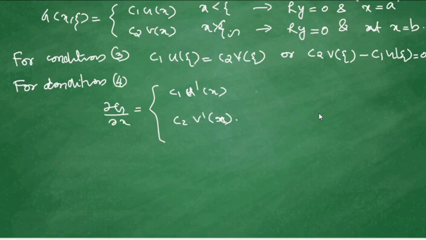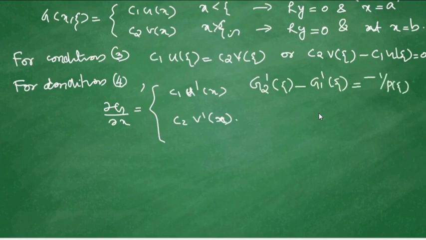And we have the condition 4 is that the discontinuity is g2 dash at theta minus g1 dash at theta. The magnitude of discontinuity is minus 1 by p of theta.